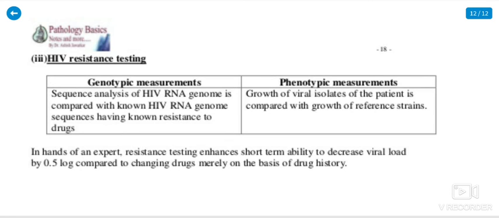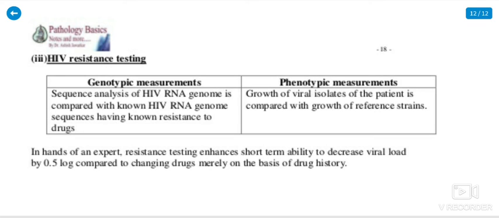Resistance testing enhances short-term ability to decrease viral load by 0.5 log compared with changing the drugs merely on the basis of drug history.